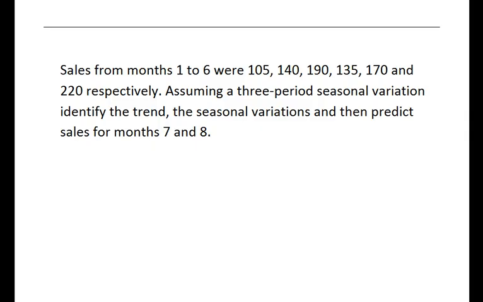Well, we're going to have a look at some time series analysis here, thinking about how we can use time series analysis to make forecasts of the future. That's the point of time series analysis: it tries to understand patterns that have gone on in the past to help us identify forecasts for the future. So, we've got sales over the last 6 months of 105, 140, 190, 135, 170 and 220 respectively.